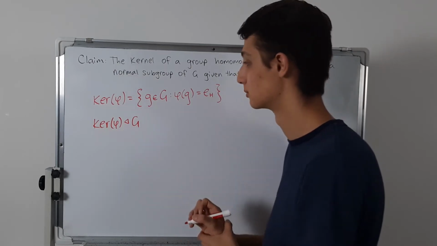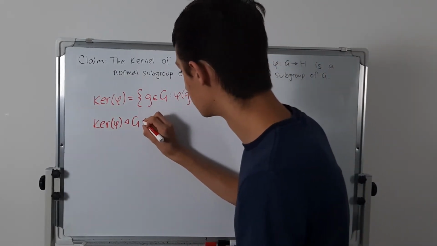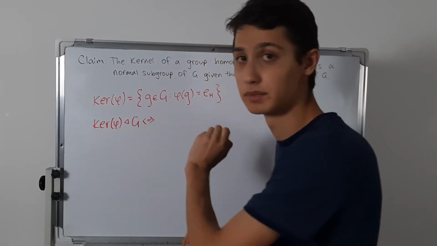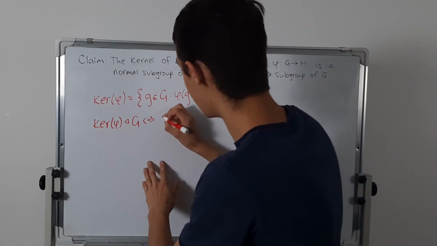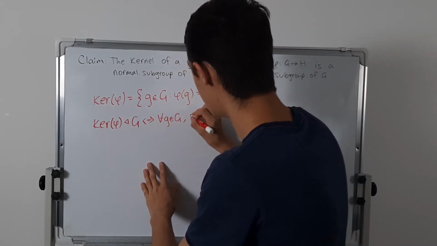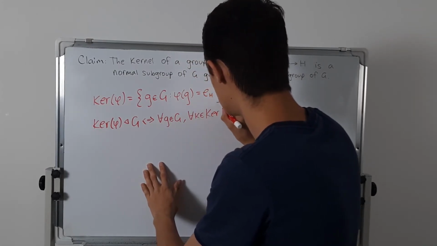For something to be a normal subgroup of something else, we need that for all elements g in big G, and for all elements k in the kernel of phi.